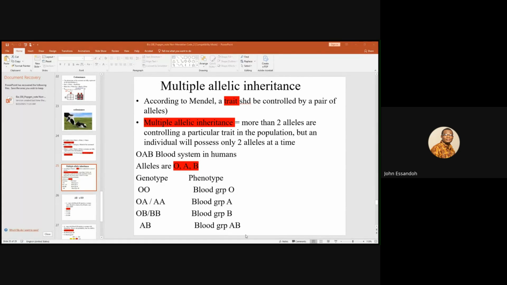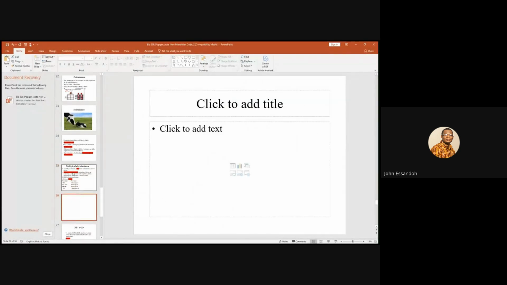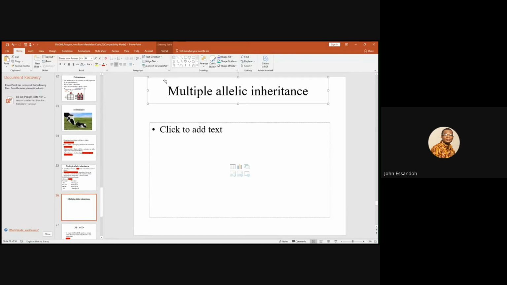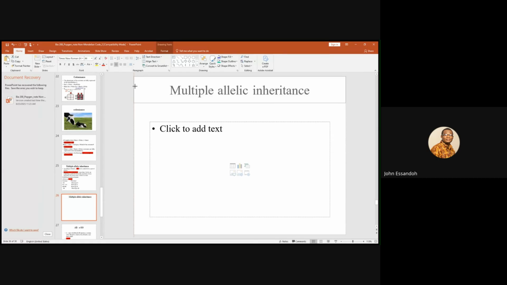So let me start from here. Let me pick a blank page. So let's start from multiple allelic inheritance. When we talk of multiple allelic inheritance, what are we talking about?